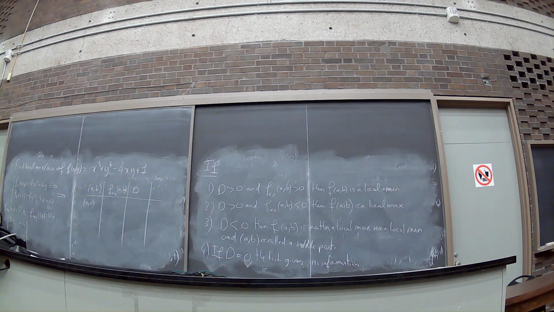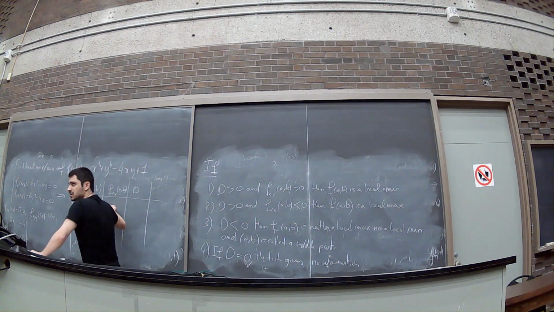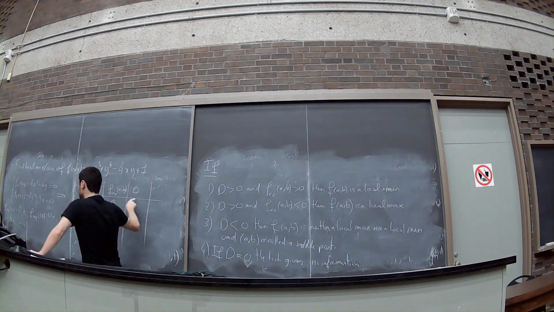This is D(a, b), which I didn't define for all x, y, but just for (a, b), but that's fine. Now, what is fxx at 0, 0? 0.